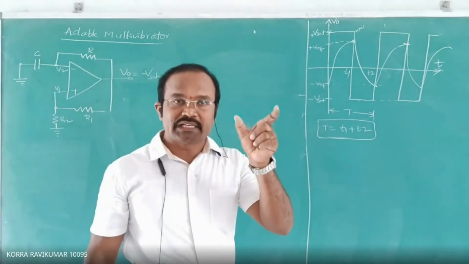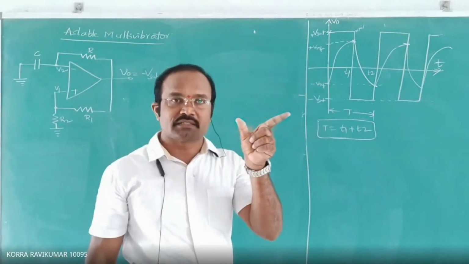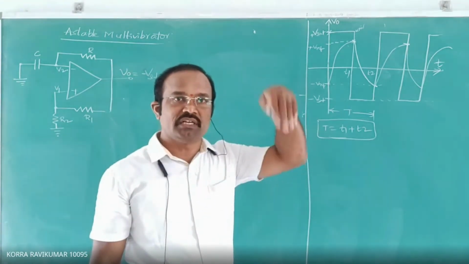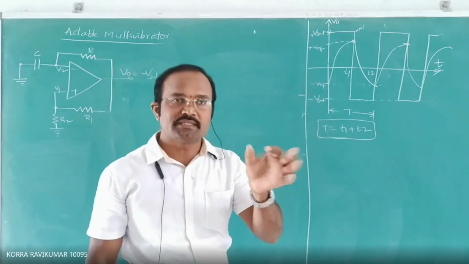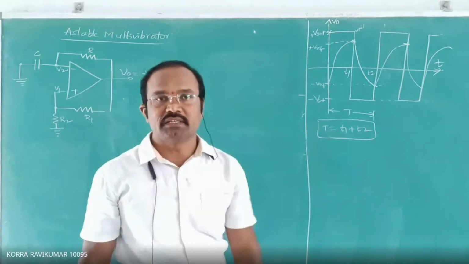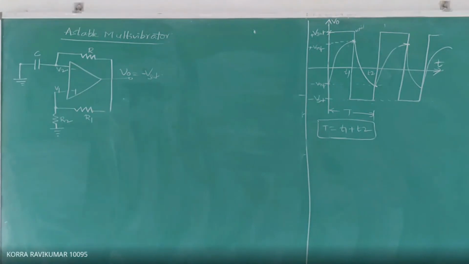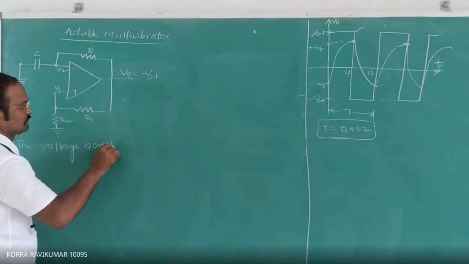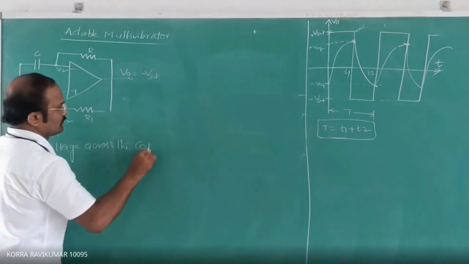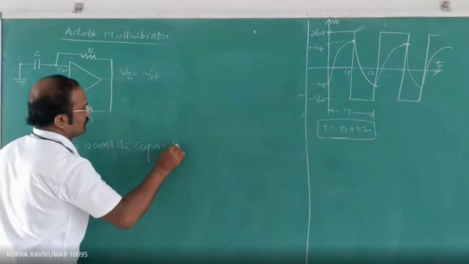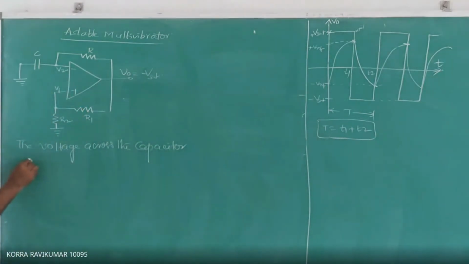In order to calculate the time taken by the capacitor to complete its charging and discharging, to know that we have to calculate the voltage across the capacitor. Initially, the voltage across the capacitor as a function of time period.